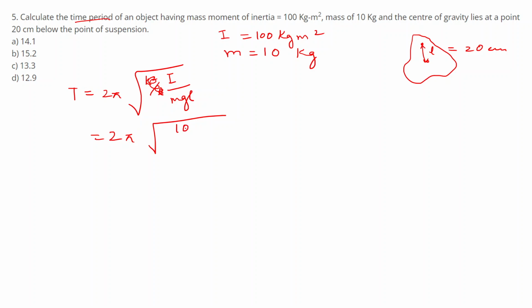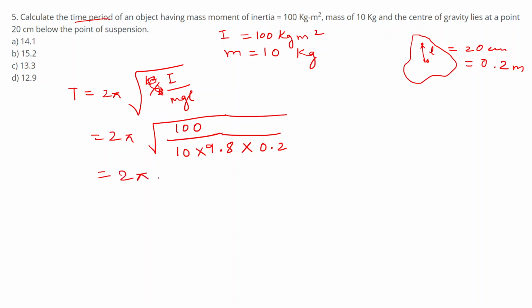Moment of inertia is 100 divided by mass 10, g I'll take 9.8, and to keep everything in SI units, I'll convert the length into meters. 20 centimeter means 0.2 meters. Everything should be under the square root sign.